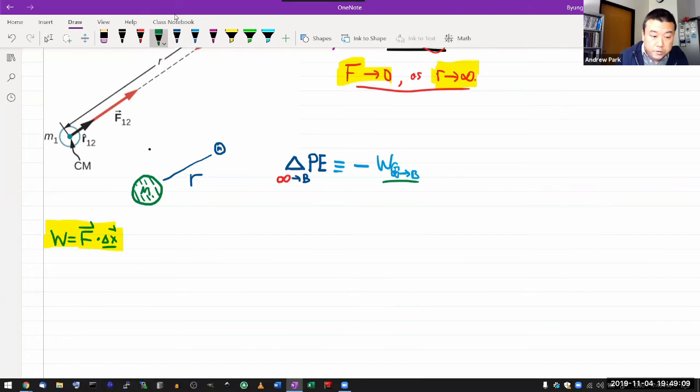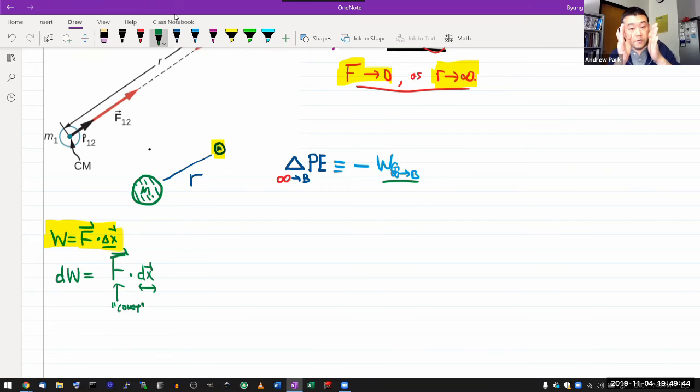So what you are going to do is calculate a small infinitesimal amount of work done as the object here moves an infinitesimal distance dx. And when you make this interval dx small enough, you can say that the amount of force that's acting is more or less constant, even though it's a function of r, and will vary over a large enough interval.